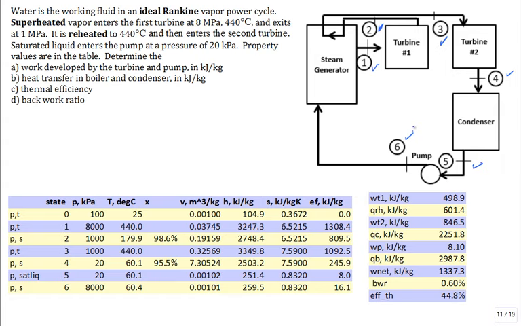That 1, 2A, 1B. Yeah, they sometimes do that, but what they have done is just renumber all of them. So what comes out of the condenser used to be state 3, now it's state 5. What goes into the steam generator or boiler used to be state 4, but now it's state 6. So just renumber them all.